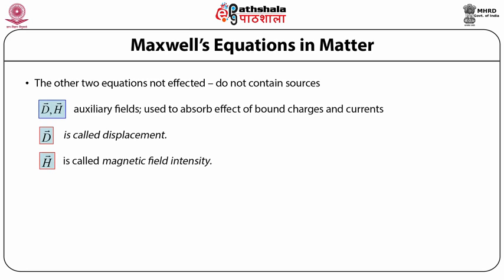Here, the electric displacement vector D and the magnetic field intensity vector H are called auxiliary fields because they are used to absorb the effect of bound charges and currents.